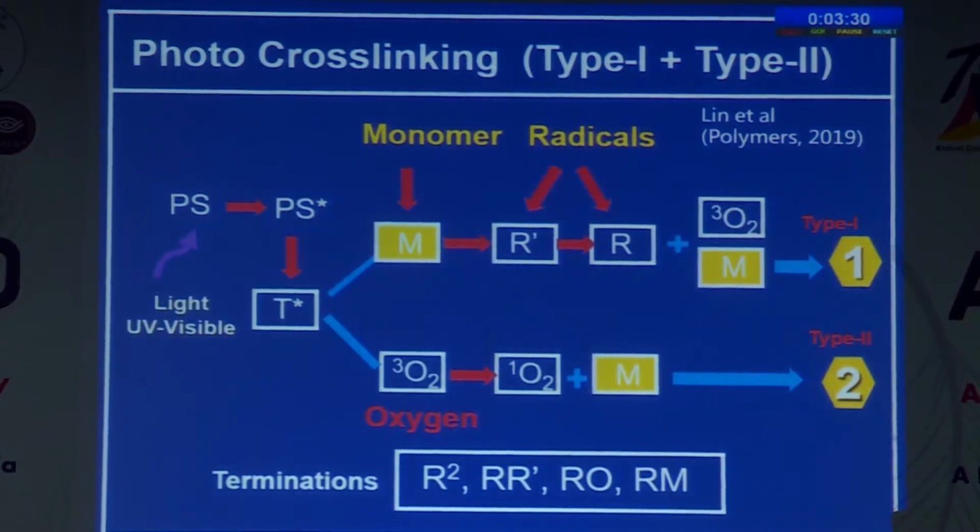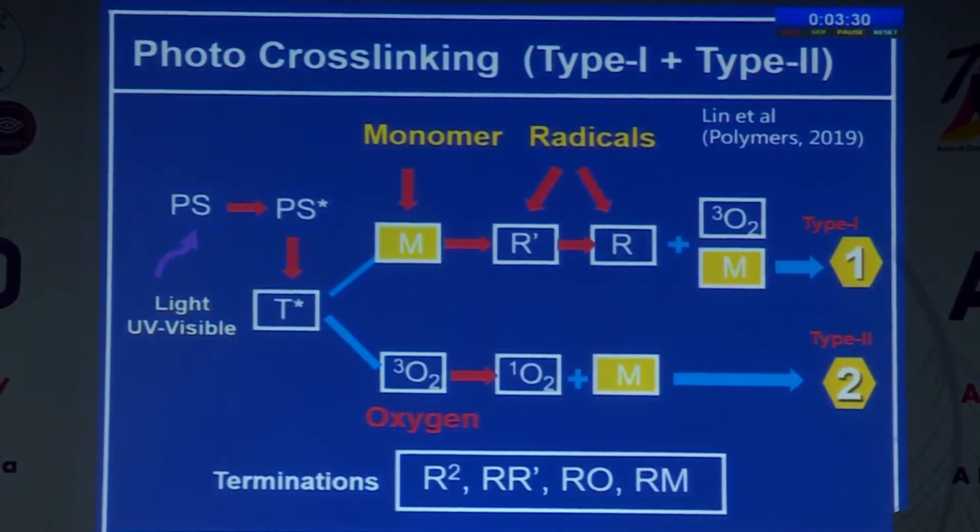On the left-hand side, you've got UV light, or it could be visible, but in this case, UV light, and you excite the solution to what's called T-star, which is a triplet state. The triplet state can couple to the substrate or M, which is monomer.